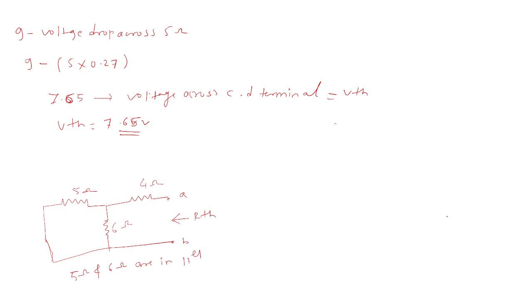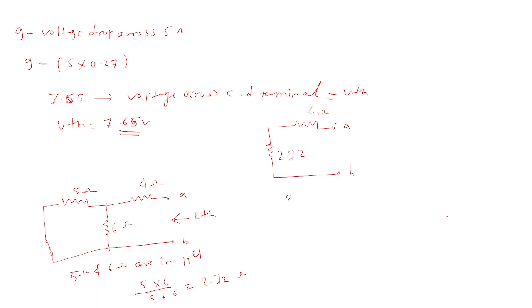So the equivalent resistance will be 5 multiplied by 6 divided by 5 plus 6, which is 2.72 ohm. Again I am going to redraw the circuit here. So it will be like this, 2.72, and this 4 ohm will be there as it is, A and B.